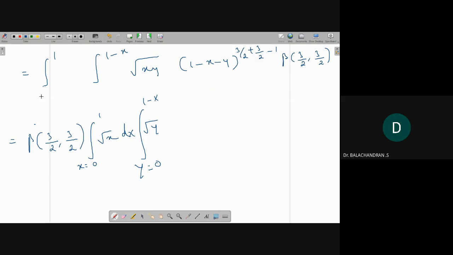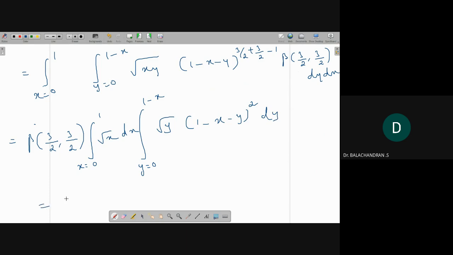So now this is x equal to 0 to 1, y equal to 0 to 1 minus x, into dy dx. The integrand is root xy; root x I wrote here, into root y into 1 minus x minus y whole power 0, into dy.